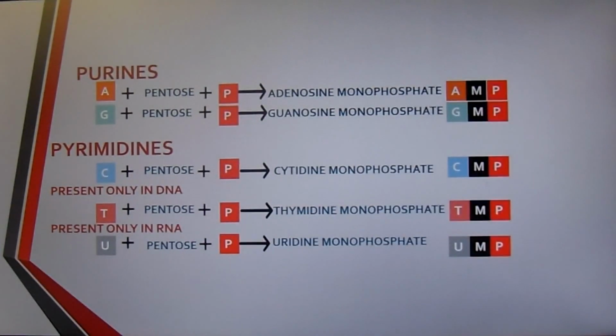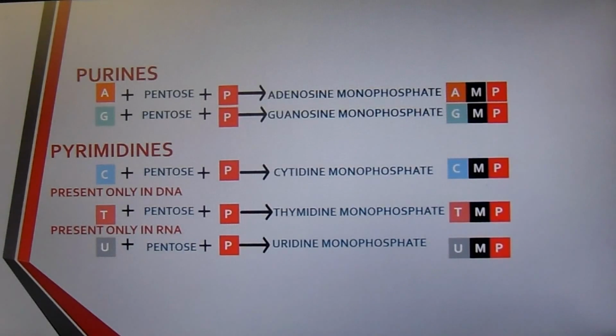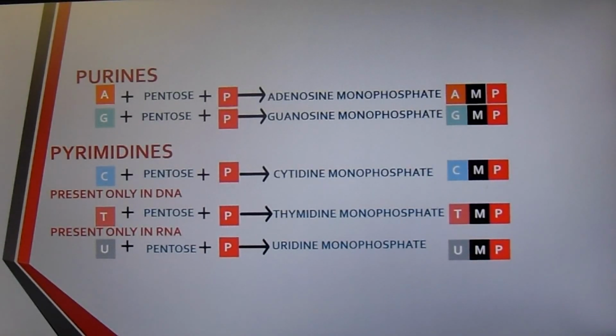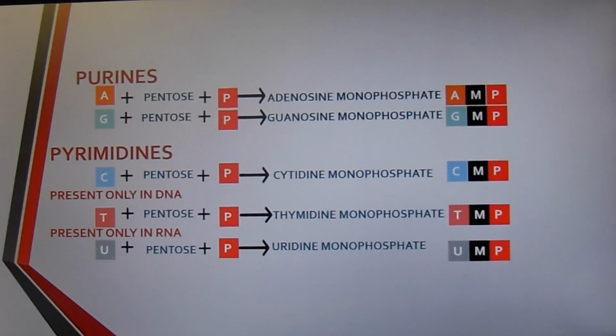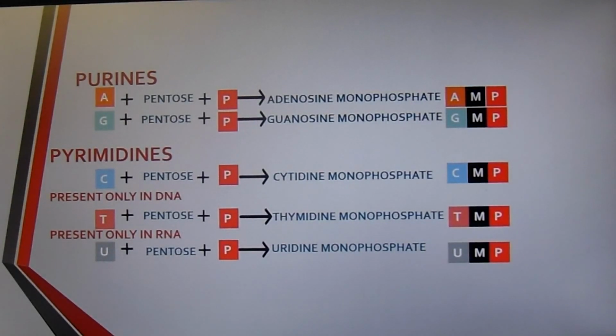The last step is the binding of phosphate group at carbon 5 of pentose sugar. With the completion of this step, nitrogenous base becomes a nucleotide. Thus, adenine, guanine, cytosine, and thymine in DNA become deoxyadenosine monophosphate or dAMP, deoxyguanosine monophosphate or dGMP, deoxycytidine monophosphate or dCMP, and deoxythymidine monophosphate or dTMP.